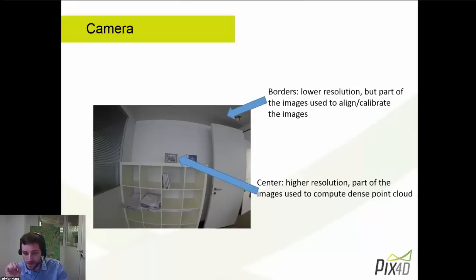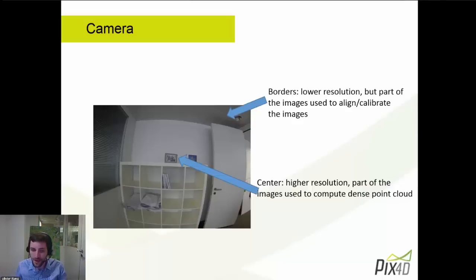And this helps a lot because the borders of your image have a bit less accuracy, but they will be taken into account to help aligning, to help calibrating all the images with respect to each other, to make sure that everything fits in one single model.